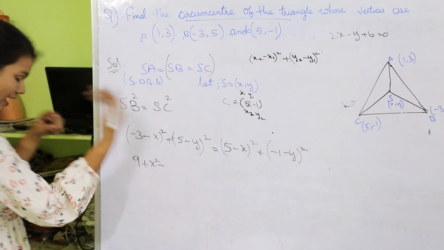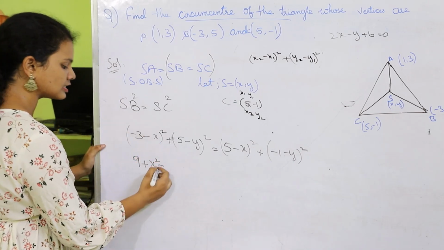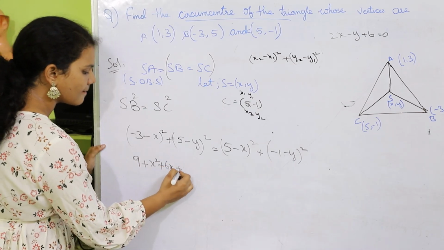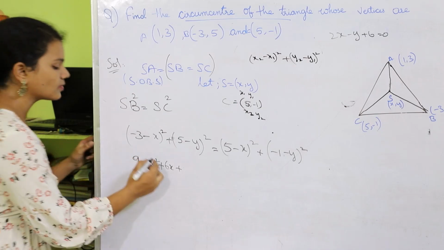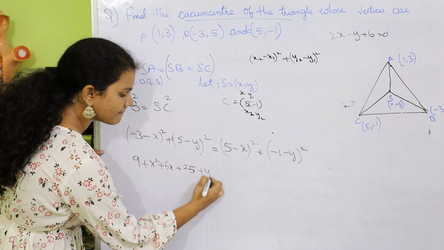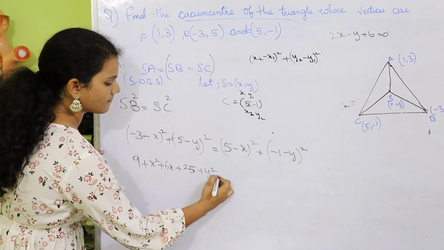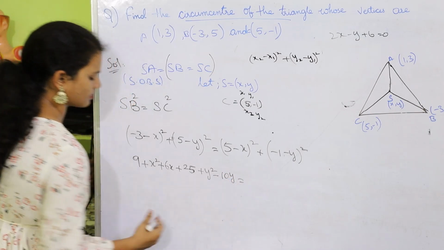Here you have again the same process where 2 times minus 3 is minus 6 into minus x. This becomes what? Plus 6x. Clear? Plus (5 minus y) whole square means (a minus b) whole square. a square is 25 plus y square minus 2 times 5 is 10y. Clear? This is equal to.